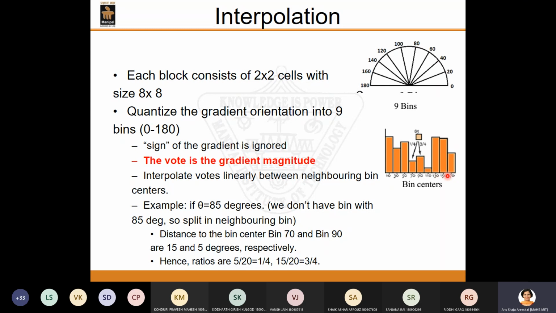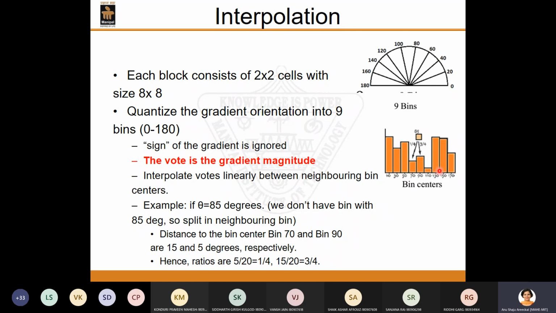Finally you have 160 to 180, and therefore you have in total 9 bins. And these which you see here, 10, 30, 50, are the centers of each bin. Since the first bin is from 0 to 20, the center of that is 10, right? Here from 20 to 40, the center is 30, and so on.